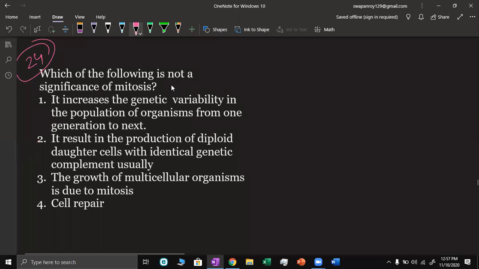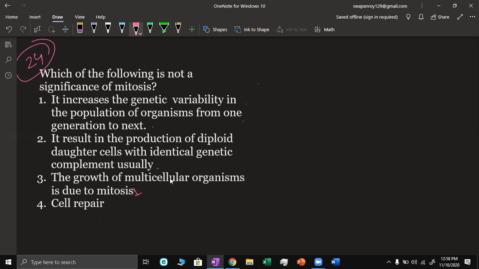Number 24, which of the following is not a significance of mitosis? Mitosis has several significances, which one is not? It increases the genetic variability in the population of organism from one generation to the next. It results in the production of diploid daughter cells with identical genetic complements. Usually, the growth of multicellular organism is due to mitosis.